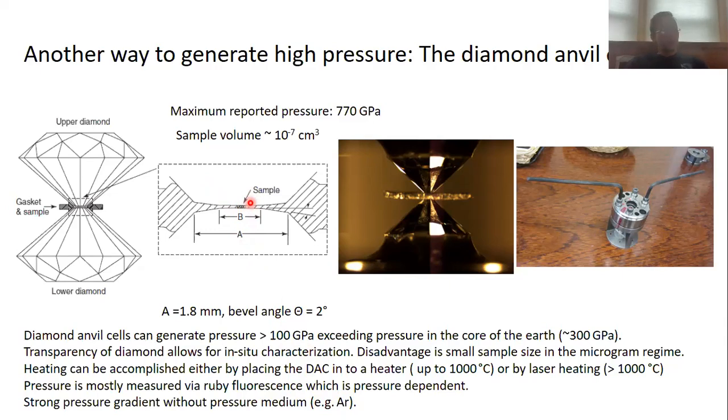So these are probably the two most common techniques in order to do solid state synthesis at high pressure. Of course, there are other high pressure techniques. One of them I actually talked about previously already. That's the solvothermal method in autoclaves. We have discussed the hydrothermal growth of quartz crystals in hydrothermal autoclaves.